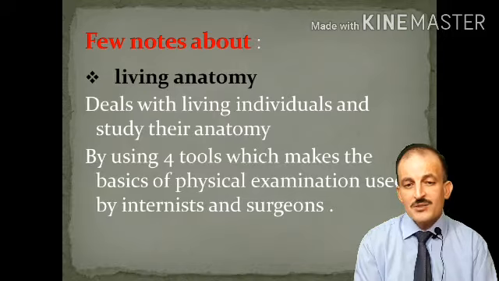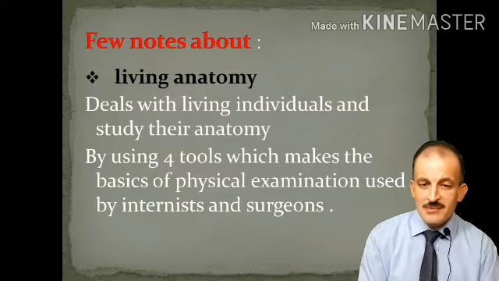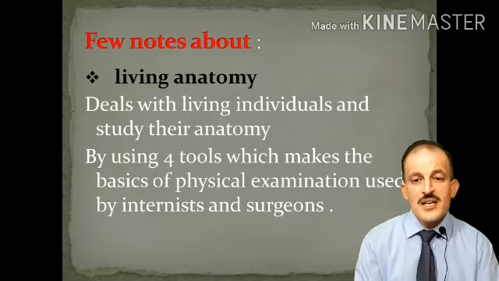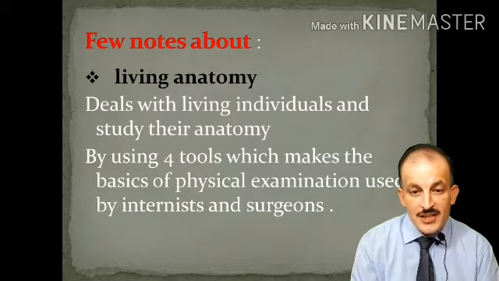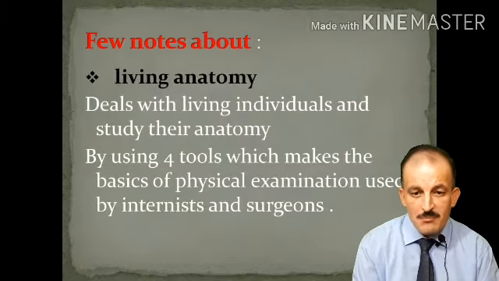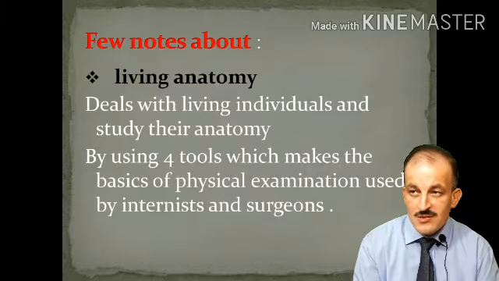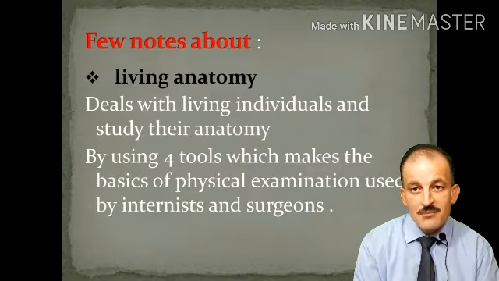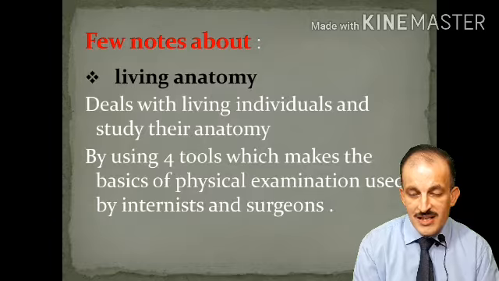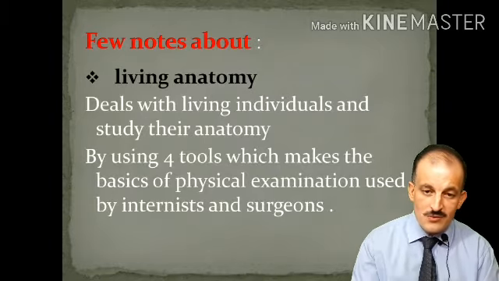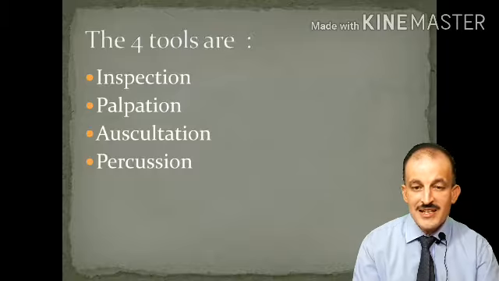Now I'm going to talk about a few notes on living anatomy, that deals with living individuals and studies their anatomy. This is done by four tools, which are used by your seniors, internists or surgeons.